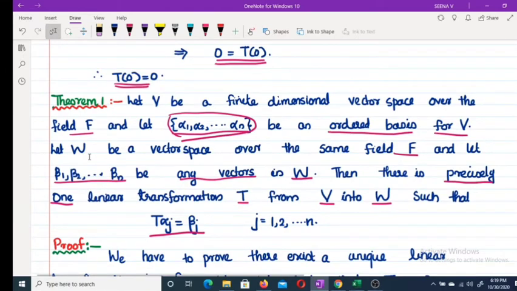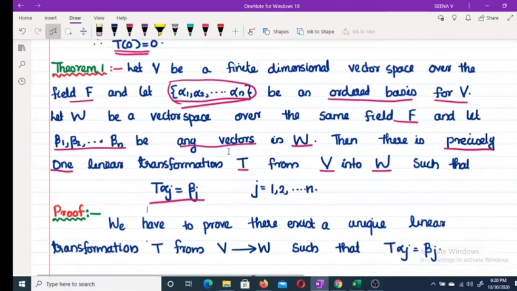The given conditions are alpha 1, alpha 2, etc., alpha n is an ordered basis for V, and beta 1, beta 2, etc., beta n are any vectors in W. Then there is exactly one linear transformation T from V into W which satisfies this condition. So we have to prove there exists a linear transformation satisfying this condition. Also, we have to prove there exists exactly one linear transformation.